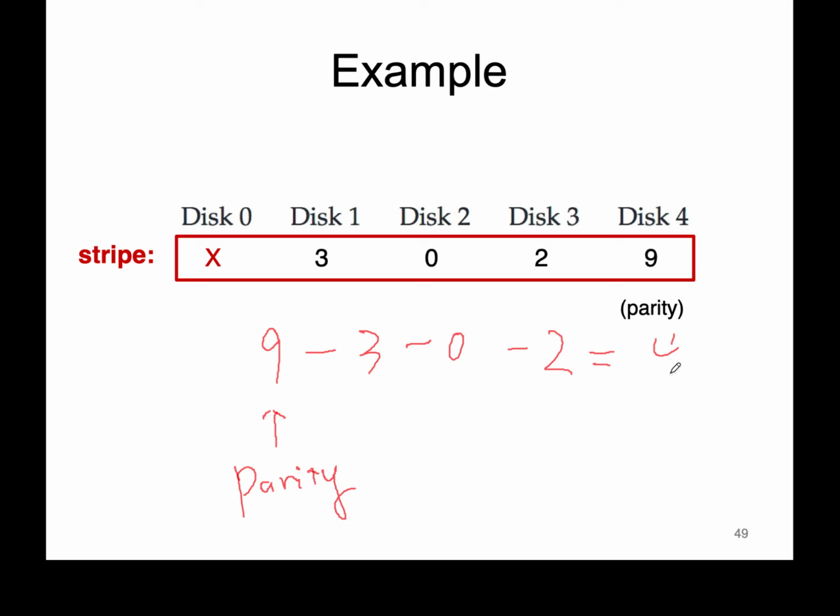And this gives you 4, right? So using this parity approach, you could effectively recover from a single disk failure. That also means that you can tolerate a single disk failure over here, right? With that, the lost data block that was stored within disk 0 is 4.